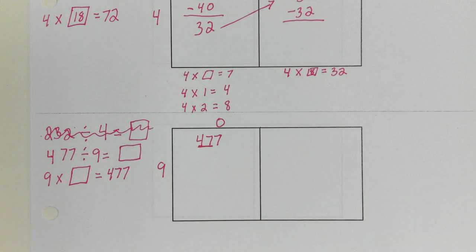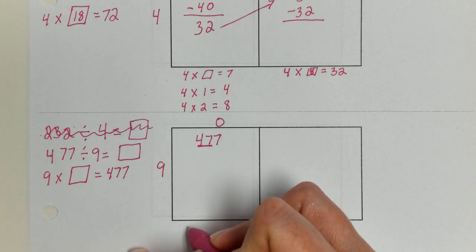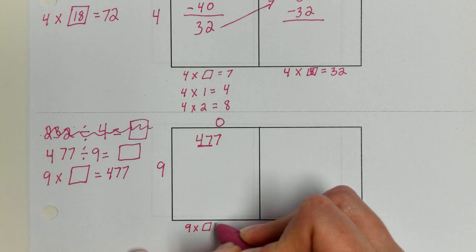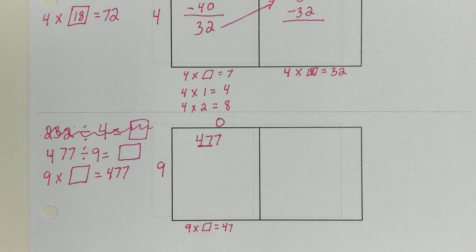So I'm looking at the tens, these first two digits. And I'm thinking to myself, what times 9 would equal 47? Well, will anything times 9 equal 47? No, it will not.